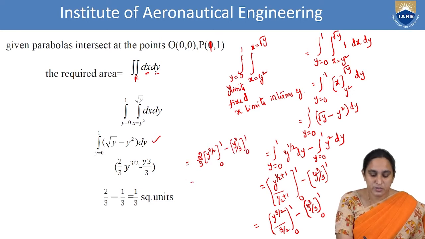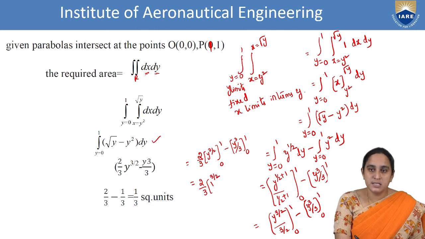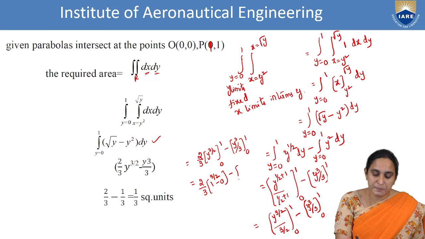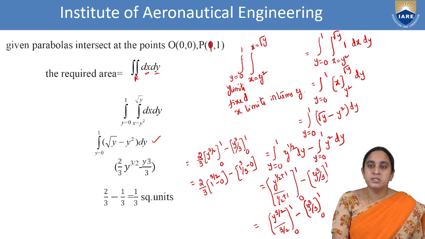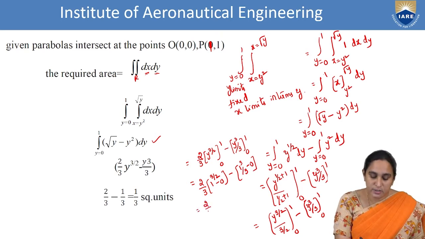Now substituting the limit points, that is 2 by 3 into the upper point of y as 1, that is 1 power 3 by 2, minus 0, minus y cube: upper point is 1, that is 1 cube by 3, minus the lower point 0. If you substitute 0, then 0 cube is 0. That is 2 by 3 into 1, and 1 power 3 by 2 means 1 power anything is 1, minus 1 by 3.